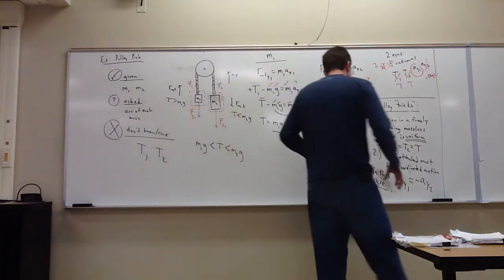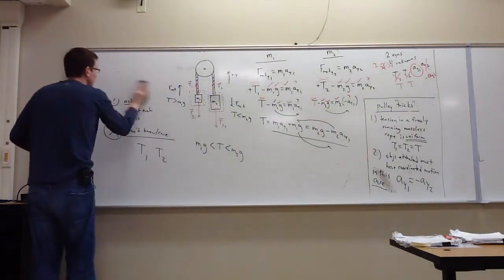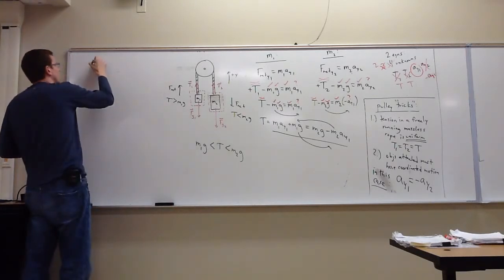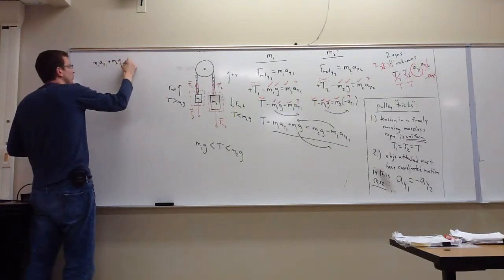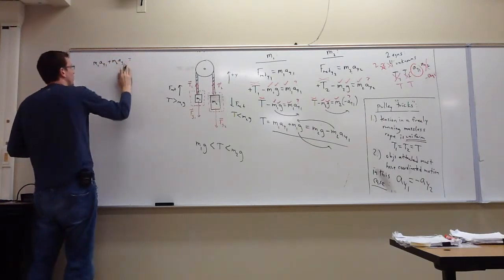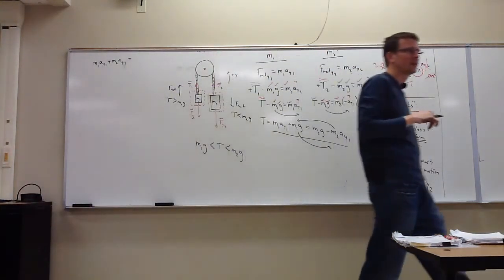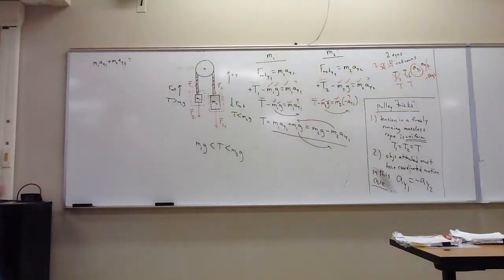Looks like I'm going to have to clear a little space. So I'm going to get m1ay1 plus m2ay2 over here. Oops, no, it's y1. I chose to solve for the acceleration of 1, so all the terms have that.